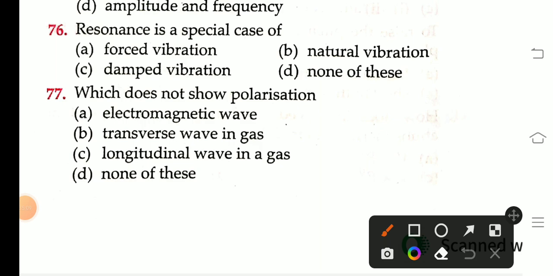Next, resonance is a special case of, right answer option A, forced vibration. Next, which does not show polarization? Answer option C, longitudinal wave in a gas.